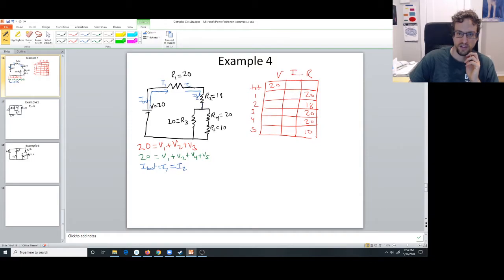I2 comes out of resistor 2, and then it splits into two pieces. So I2 equals I3 plus I4. And finally, one more piece is that I4 comes out and it goes into resistor 5. So I4 equals I5. Okay, those are your current voltage loop and current conservation equations.